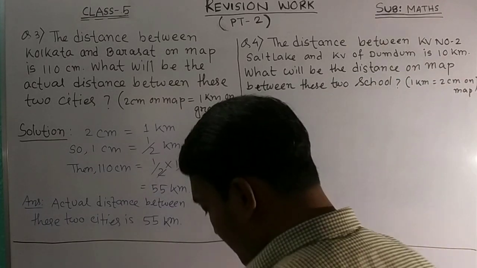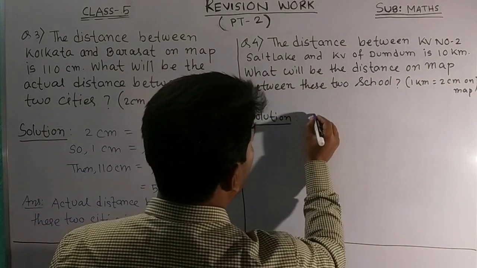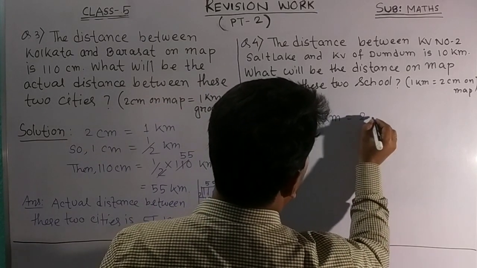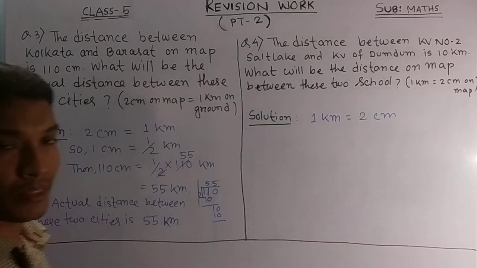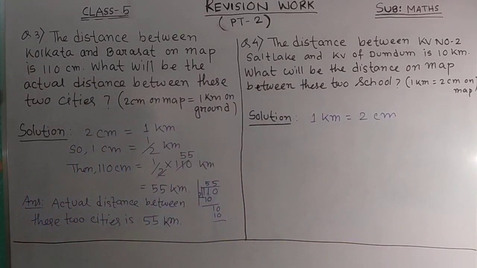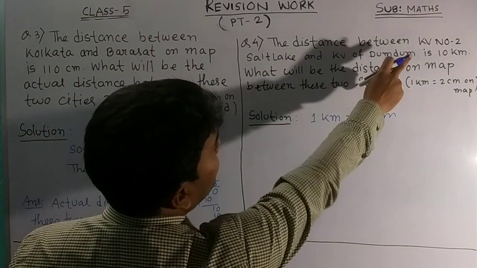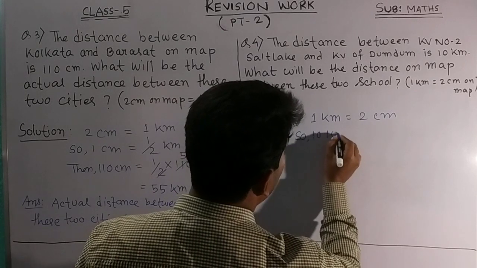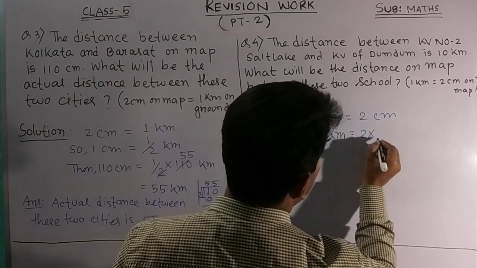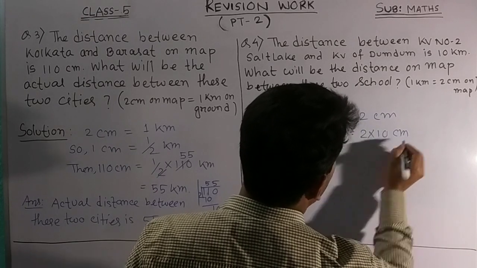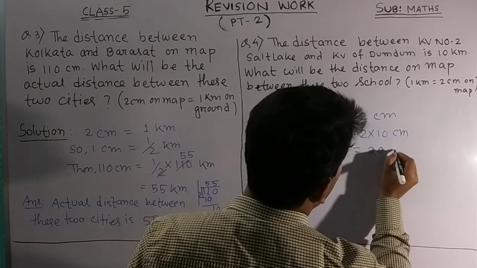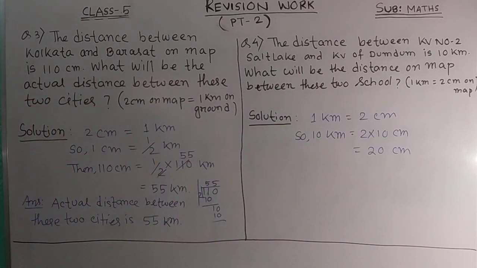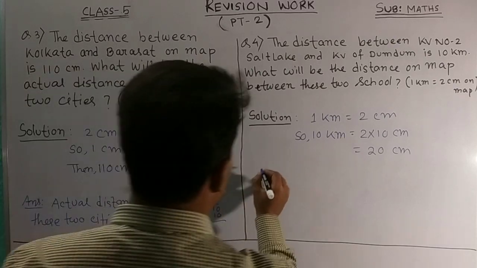So we have to write the same things. 1 km, that is the opposite of this portion, 2 centimeters. Okay. Then what do we need to find out? 10. So 10 km equals 2 multiplied by 10 centimeters, that will be 20 centimeters. It is very easy, only a 2 step question.